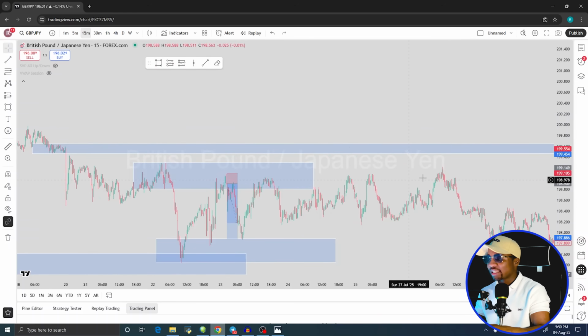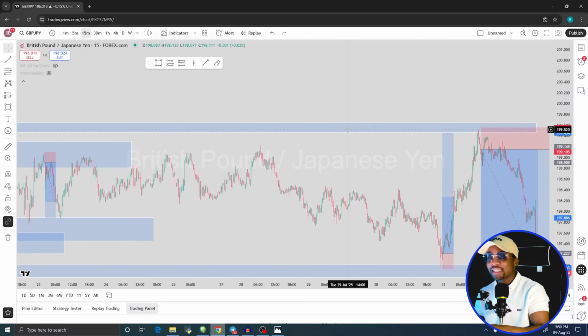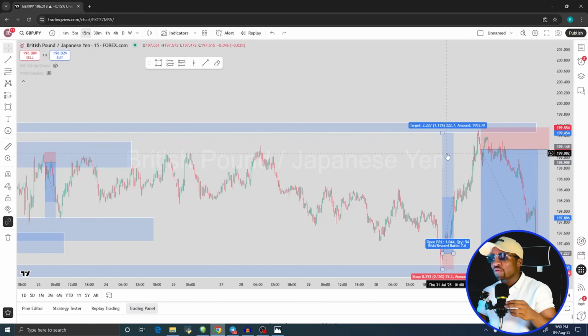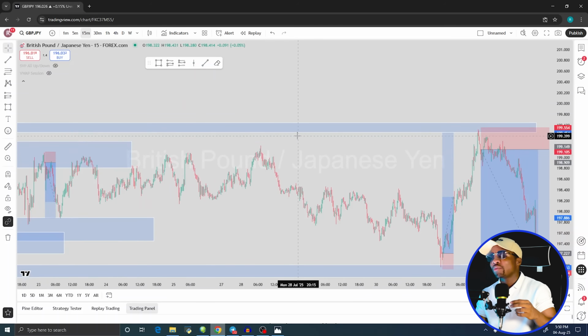And then also we had this point of interest. Remember the rules of liquidity, by the way. As soon as liquidity is taken out, price reverses. So this liquidity confirmed this target, but it also confirmed this point of interest to be strong, because we knew there was a lot of liquidity to be taken, and after liquidity is taken, price reverses immediately.